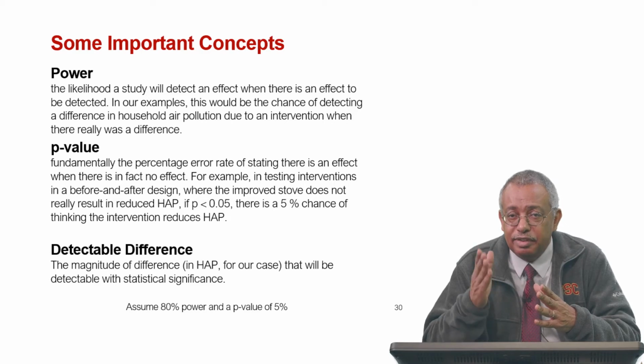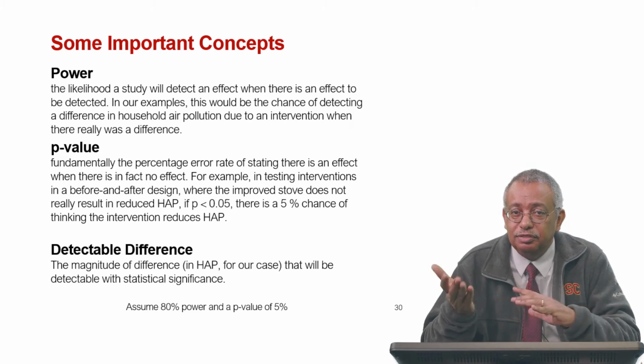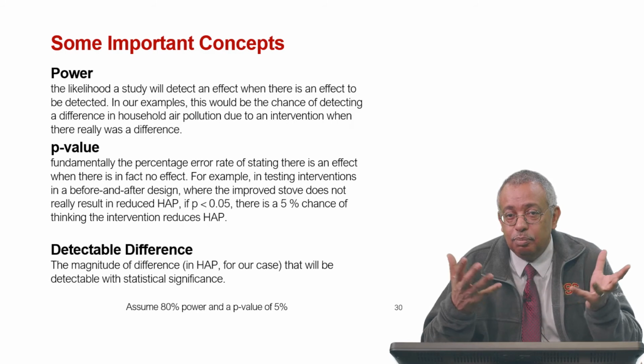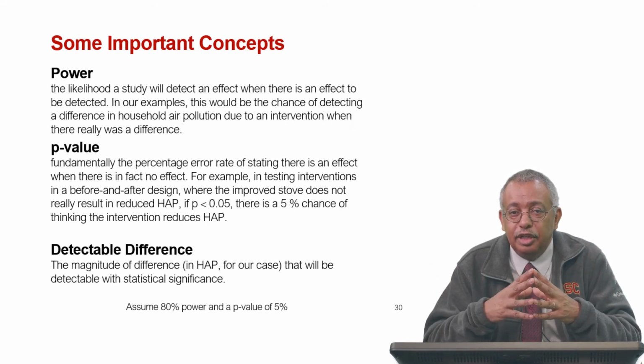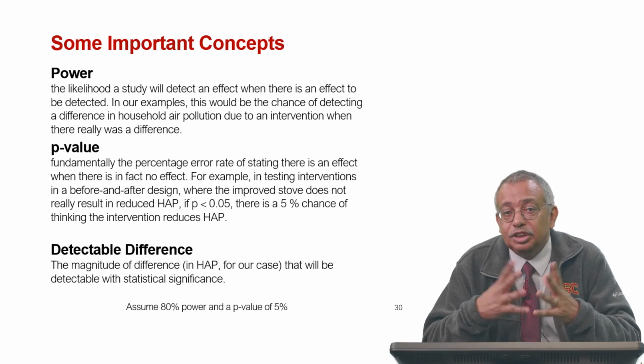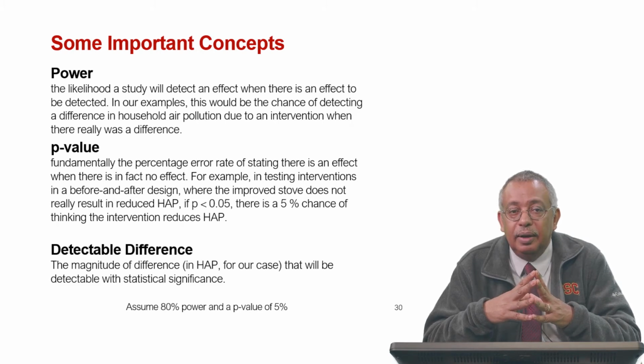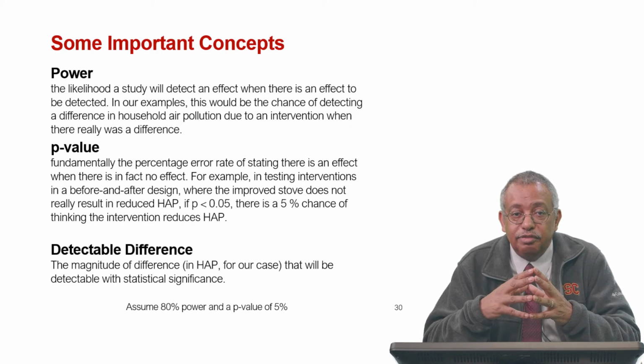It gives you a cutoff in terms of what kind of p-values would lead to significant effects versus non-significant effects. And of course, most of you know the magical 0.05 cutoff value, which basically indicates that there is a 5% chance or probability of thinking the intervention reduces household air pollution when there is no effect.